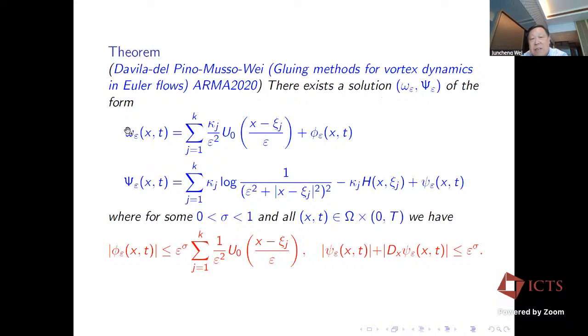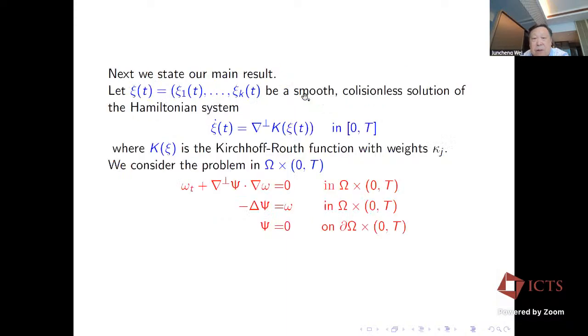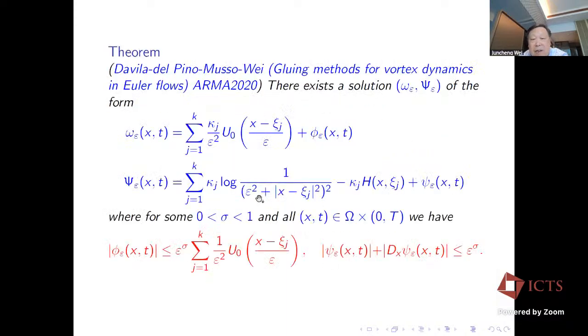The vorticity will be like 1 over epsilon squared times U0. The U0 is given by e to the gamma 0 by the new will, and the psi is almost a solution to the new will, and we have precise point-wise estimates for the remaining terms. This is a work with Juan Davila, Manuel del Pino and Monica Musso.